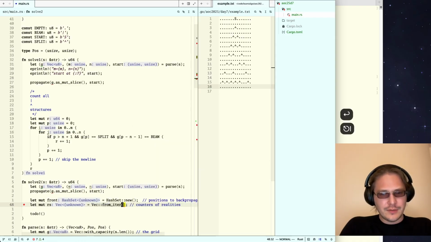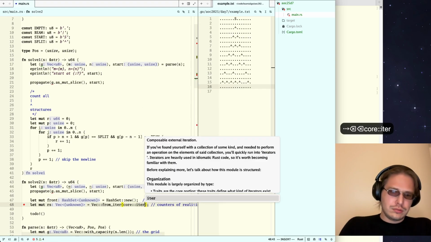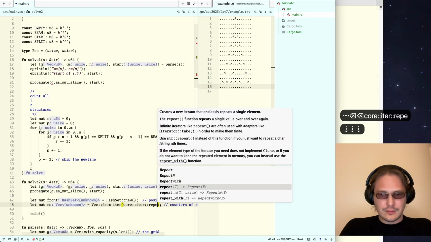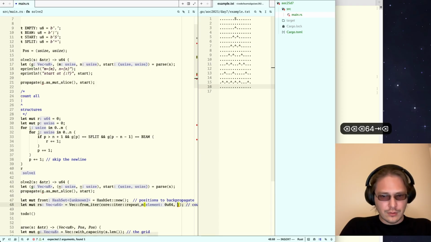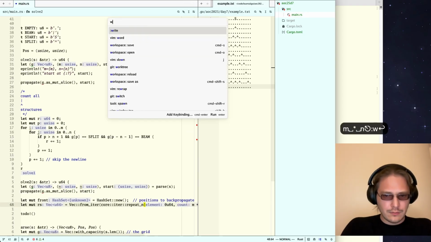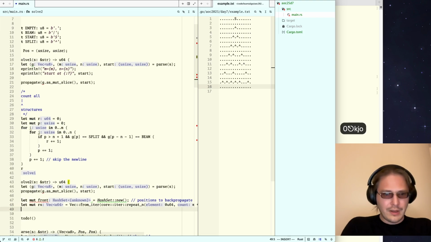Let's say it's made from an iterator of iter repeat 0 u64. How many times? m by n? Yes, I think so.